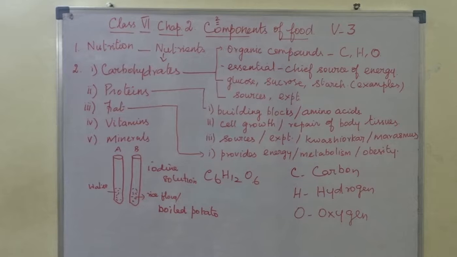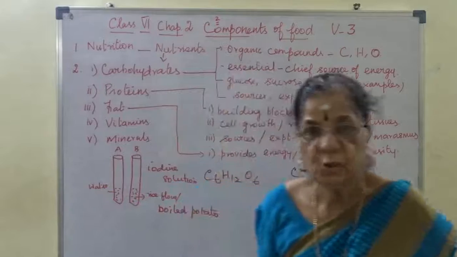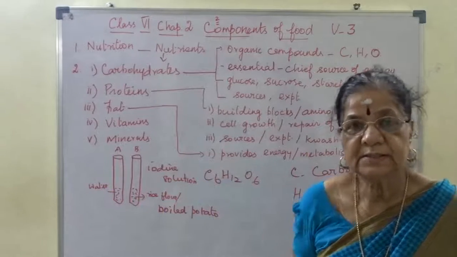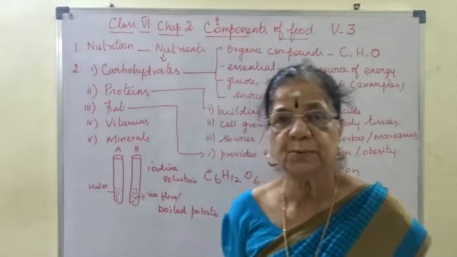Now these sources of protein are mainly chana varieties, green gram, black gram, pulses like patani, tavarai, chana, soya bean, groundnut. These are sources of protein.